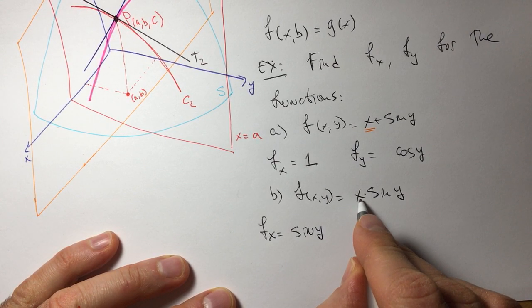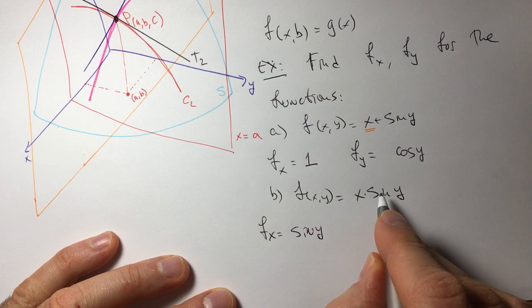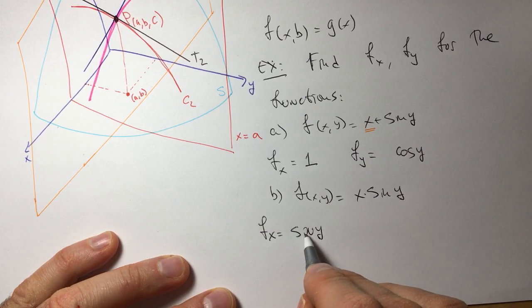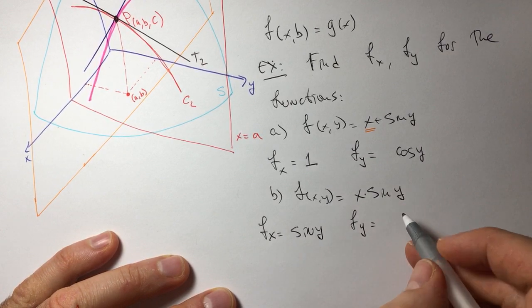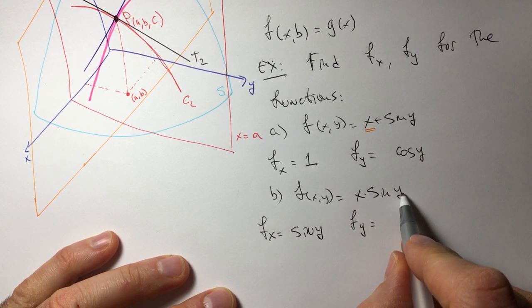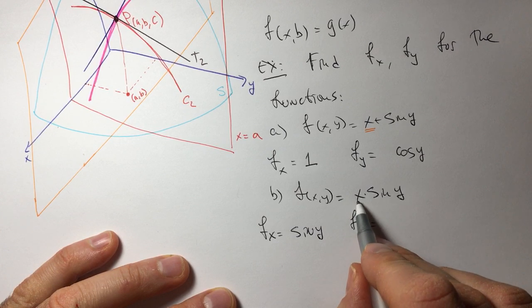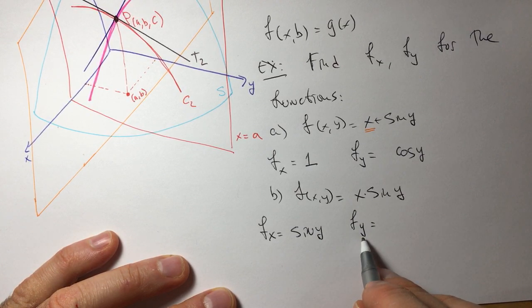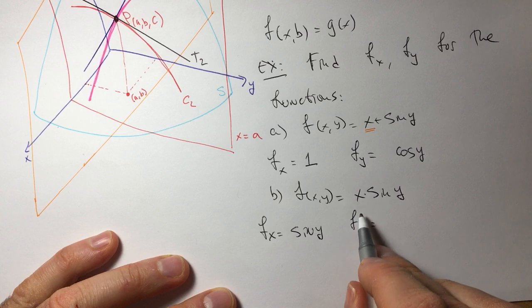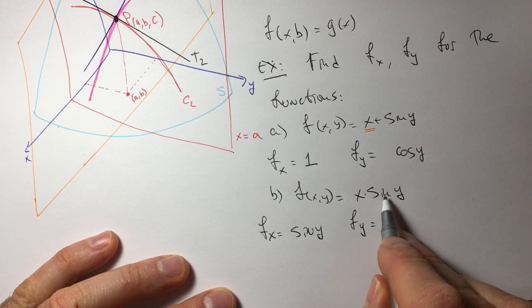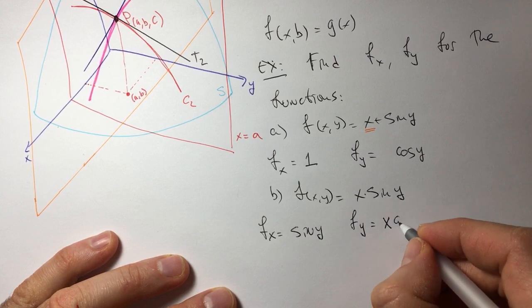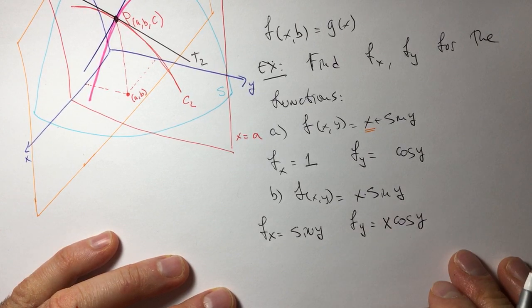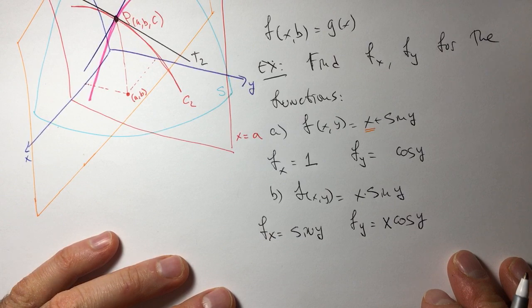The derivative of x with respect to x is 1, times the constant sine of y, I get sine of y. Similarly, for partial f partial y, now the function is sine of y, times x, because I'm looking for the derivative with respect to y, I treat x as a constant. So the derivative of a constant times sine of y is the constant x times the derivative of sine of y, which is cosine of y. Okay?